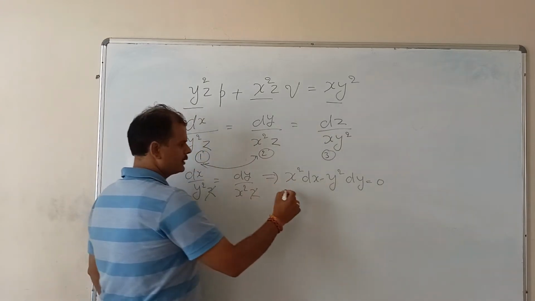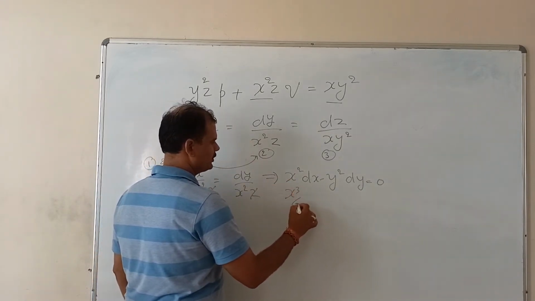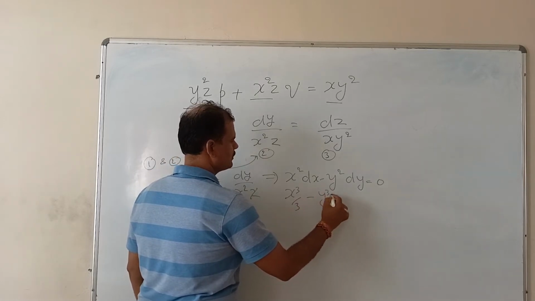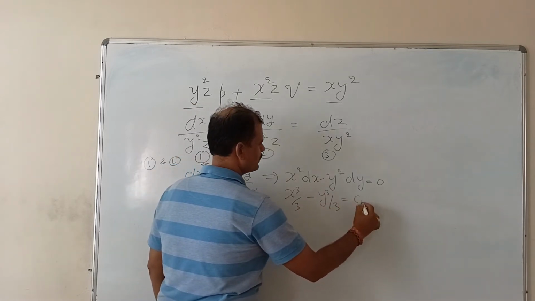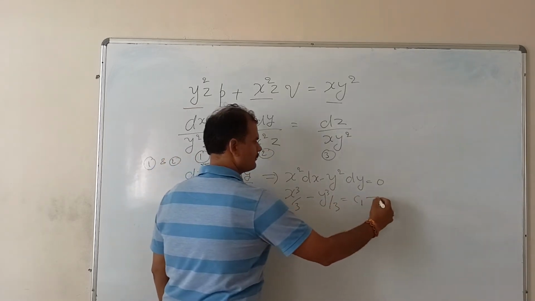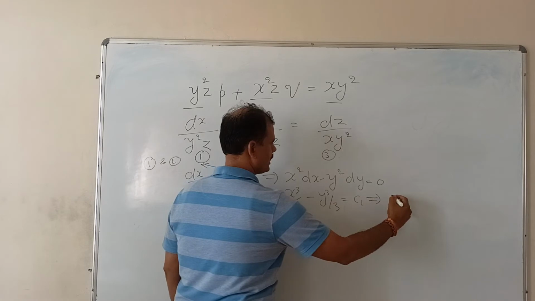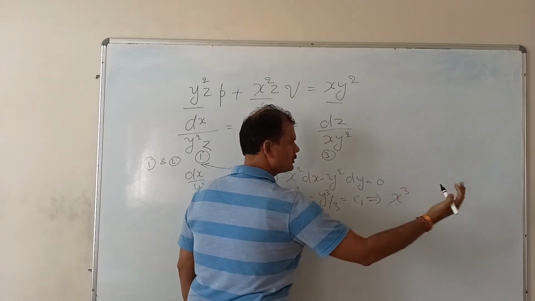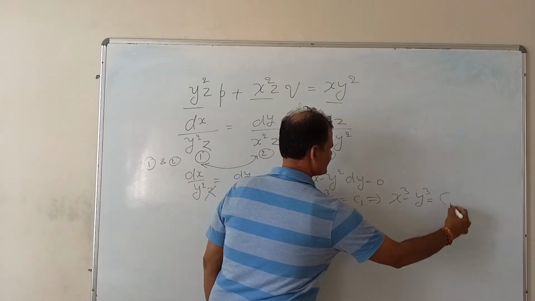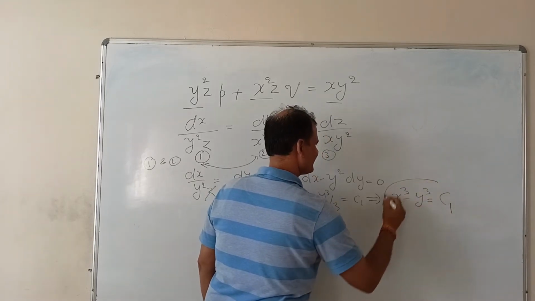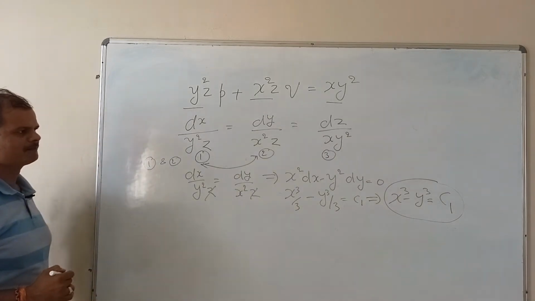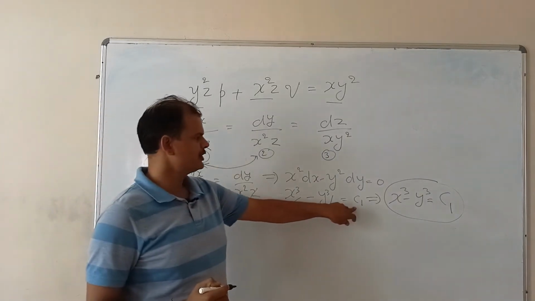Now if we integrate, we get x cube by 3 minus y cube by 3 equal to c1, or we can have x cube minus y cube equal to c1, where c1 absorbs the factor of 3.